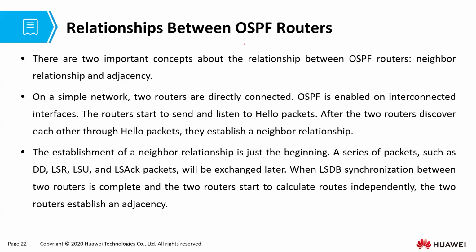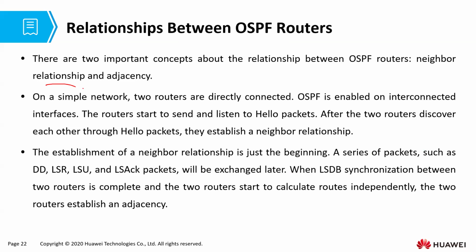Relationships between OSPF routers. We have two important concepts about the relationships between OSPF routers: neighbor relationship and adjacency. When we talk of neighbor relationship, that's where we talk of exchange of hello packets. R1 knows R2, R2 knows R1. That is what we call neighbor relationship.